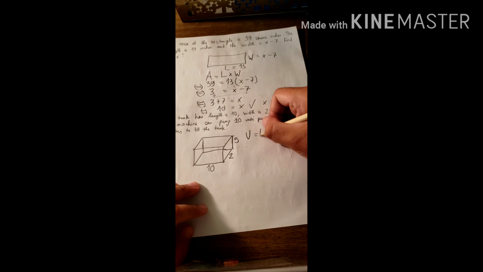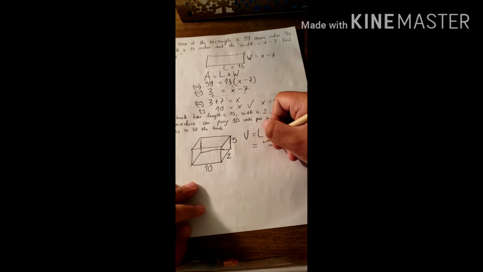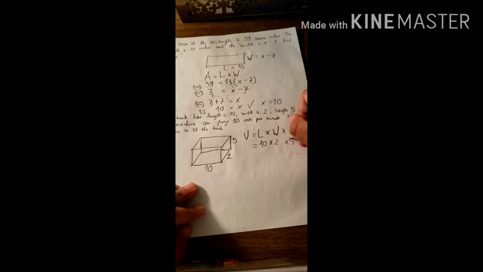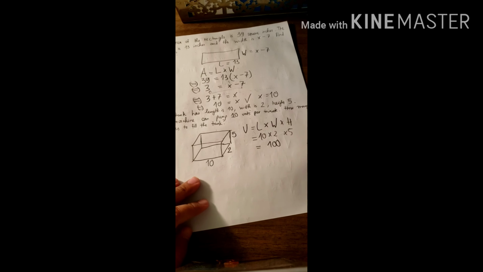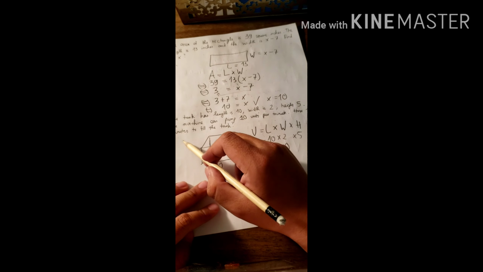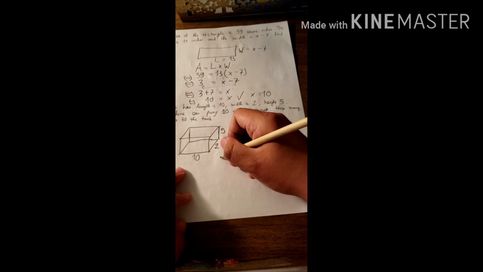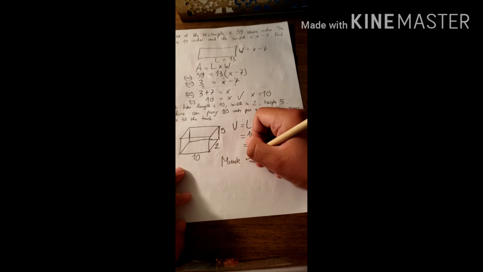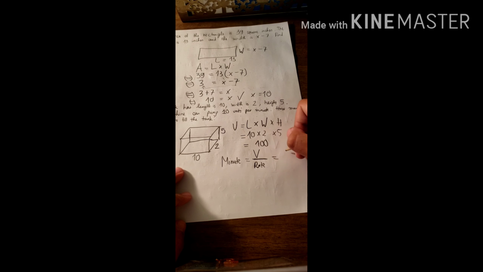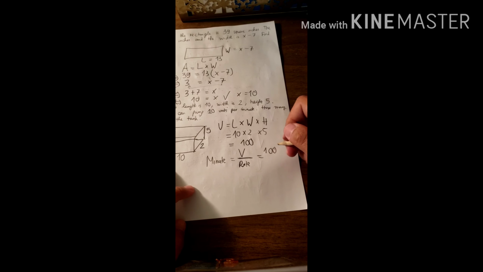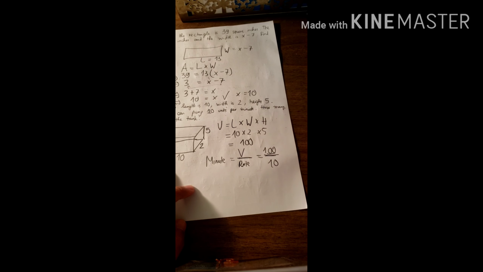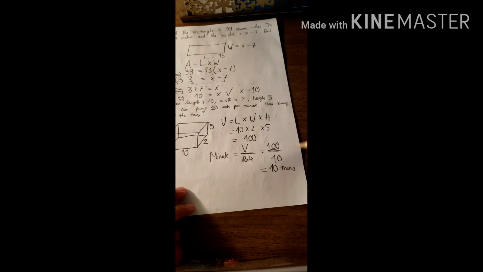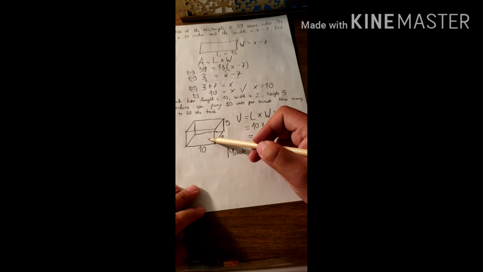So we have the length multiplied by the width multiplied by the height. So the answer is 10 multiplied by 2 multiplied by 5. The total is 100. But they ask how many minutes to fill the tank. We use the volume divided by the rate, so we have 100 divided by 10, so we have 10 minutes. It means that after 10 minutes, the tank will be completely full of water.